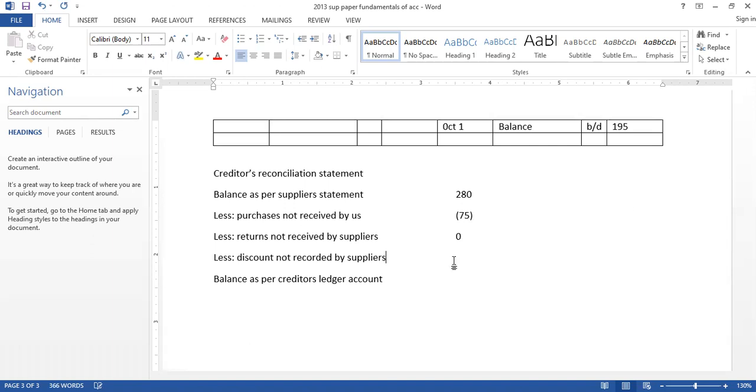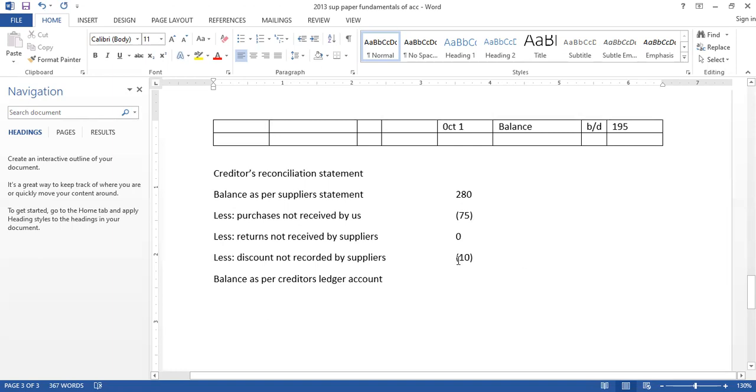So they did not record their discount, and therefore they will need to record it. So it's 10, and then we get our balance as per creditors ledger account.